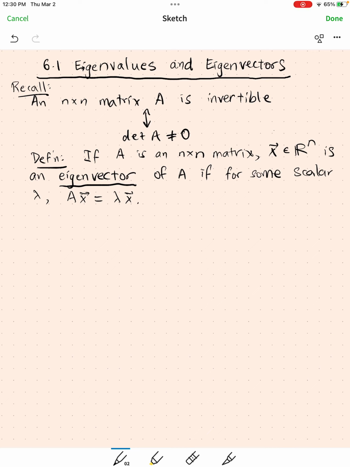Okay, and x is a non-zero vector. That's important. So if you have a square matrix, a non-zero vector x is an eigenvector if Ax equals lambda x for some scalar lambda. And that lambda is called an eigenvalue.